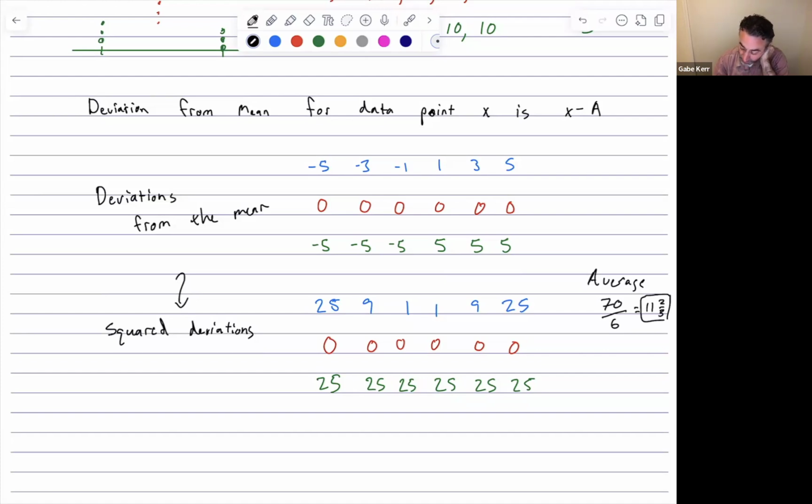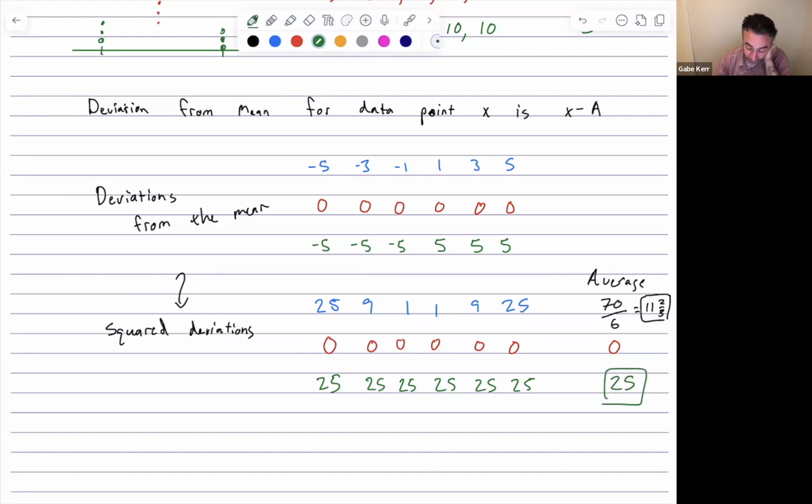Okay, so that's nice. The average for the red is pretty easy to see, it is 0. And then the average for the green is also not hard to see because they're all the same number, so the average will be exactly that number, 25.